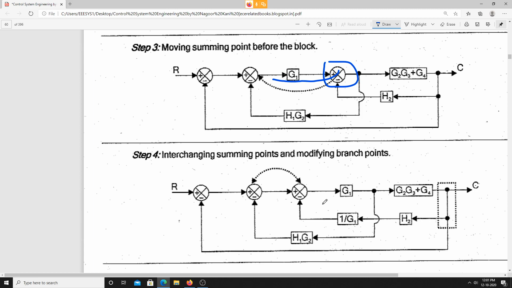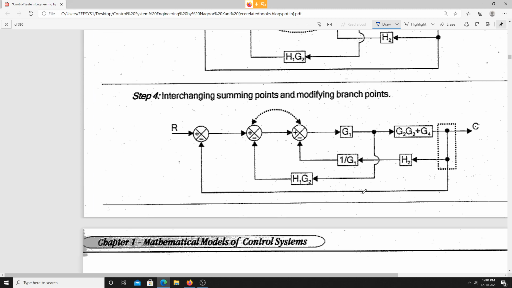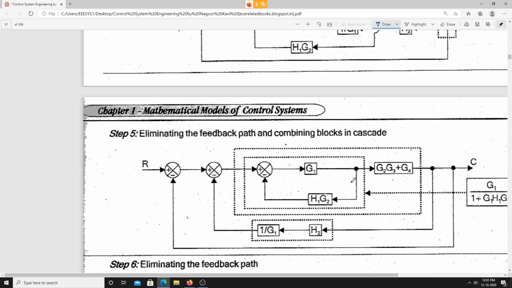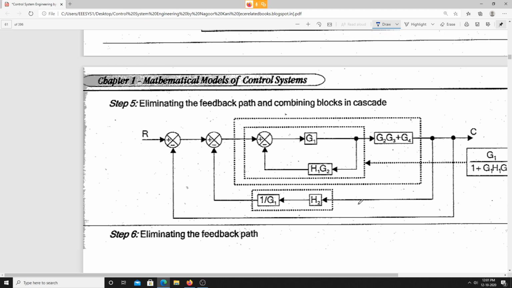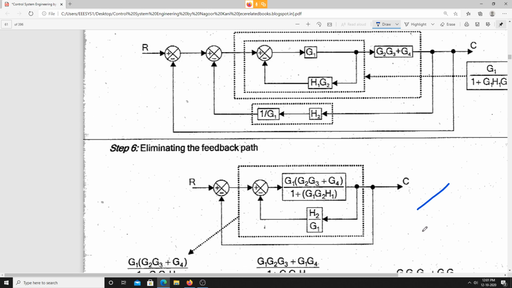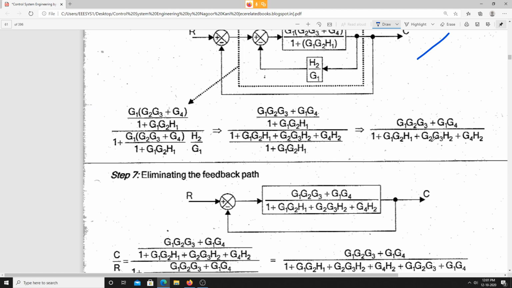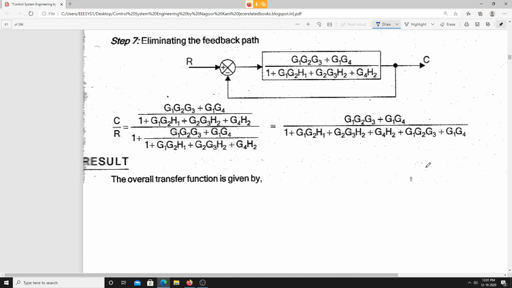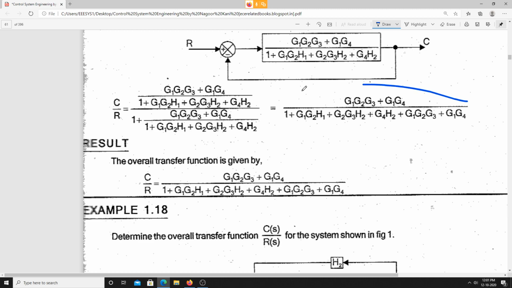So this is what we have. Now I am eliminating the feedback path and combining the blocks which are in cascade. So this is the final thing we have. From that, this is the transfer function I am getting.